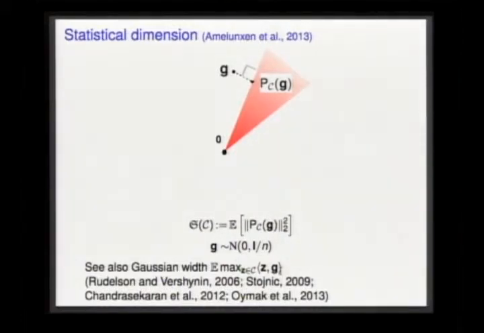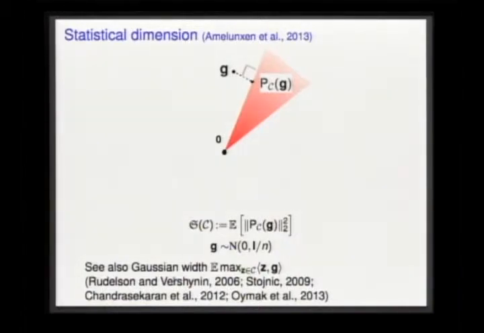a Gaussian vector. The use of this quantity in compressed sensing and several other applications like denoising and demixing dates back to the work of Rudelson and Vershynin, and prior to that it was used by Tomczak-Jaegermann, if I'm not wrong.